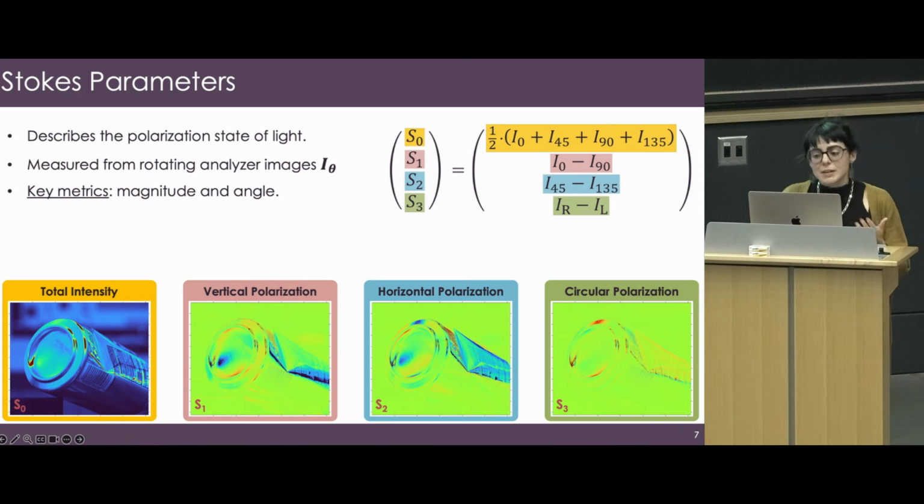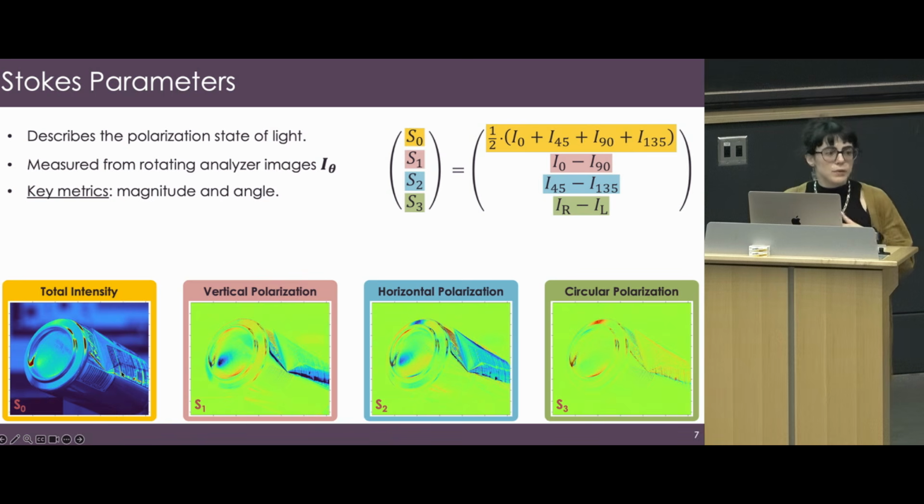So to start, Stokes parameters are used to describe polarization states of light. Each is defined as a linear combination of the measurements of a rotating analyzer: I0, I45, I90, I135 for a typical polarization camera. As a visual aid, I included some images of what each Stokes parameter would look like.